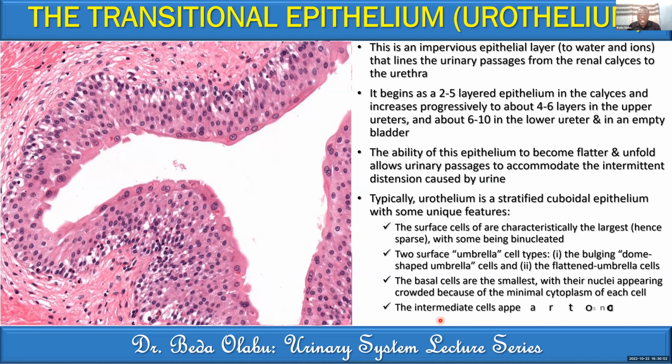Last but not least, the cells in the intermediate zone, somewhere here, will therefore have variable number of layers as well as variable sizes. So those are the characteristics of urothelium, transitional epithelium.